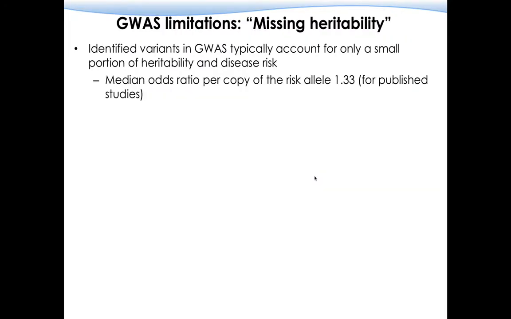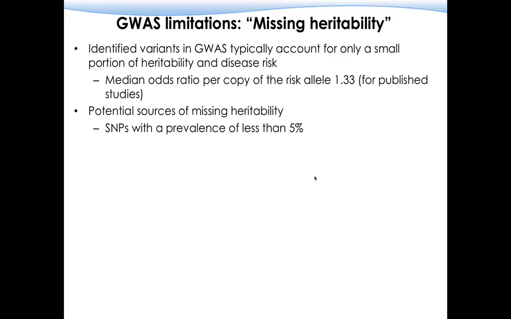You can see here the median odds ratio per copy for the risk allele is only 1.33, which means it's only a little bit of increase in disease risk compared to those that don't have that particular SNP. And we're talking about the ones that GWAS already found to be associated with certain diseases.